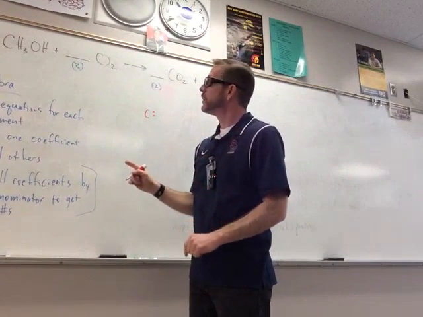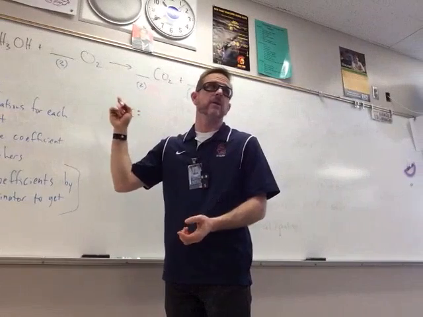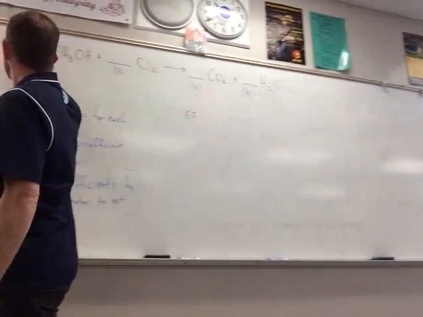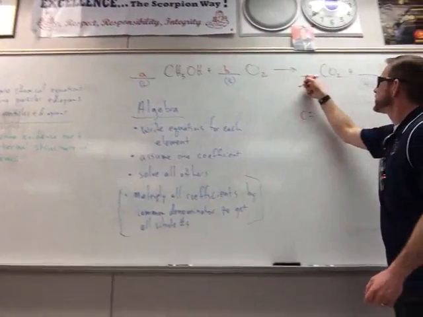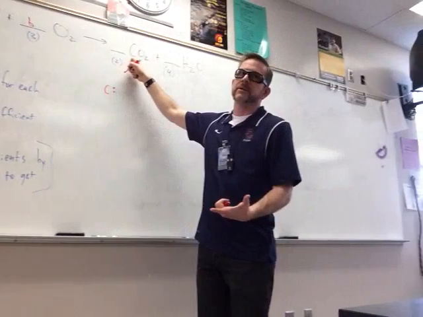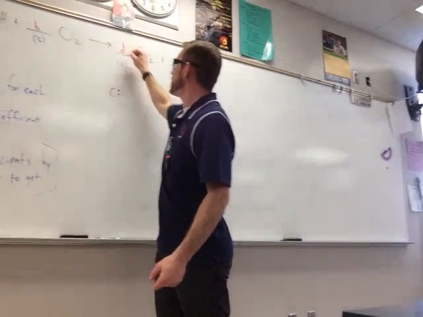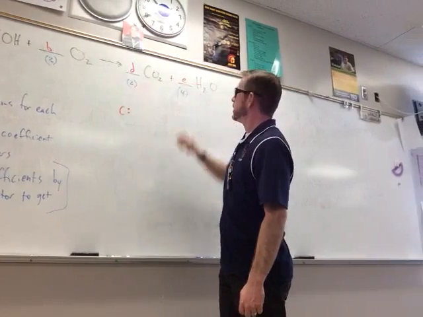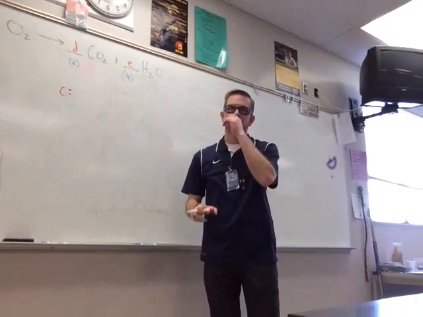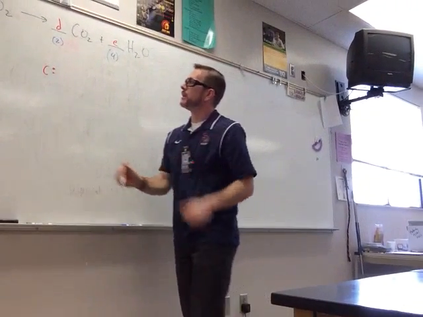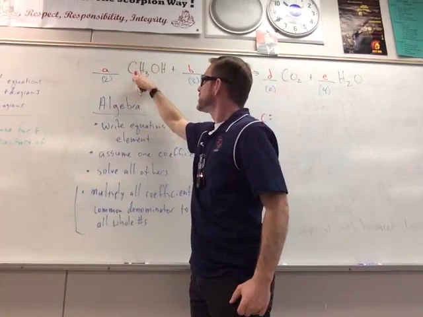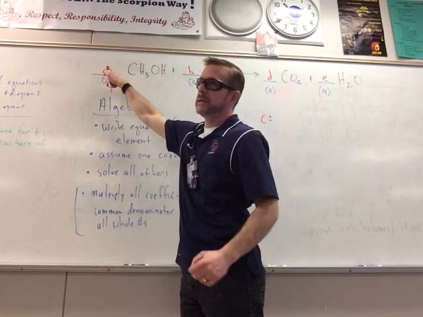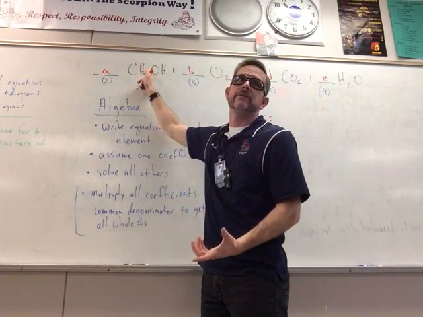I forgot. We need to put variables in for these coefficients. Okay. I'll call this one A, B. I could call this one C, but I already have a C for carbon, so I'm just going to skip C and go with D and put an E there. So for carbon, there aren't any subscripts here, so whatever this number is, that's how many carbon atoms I have.